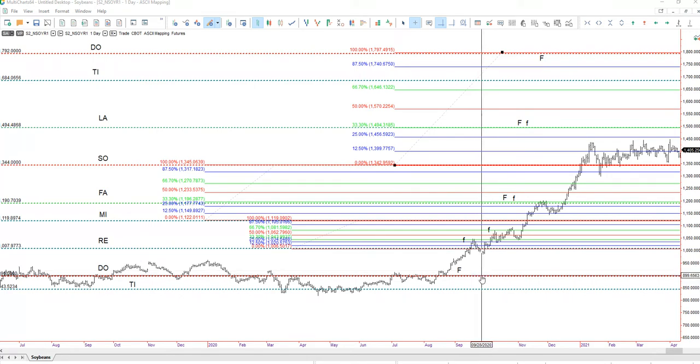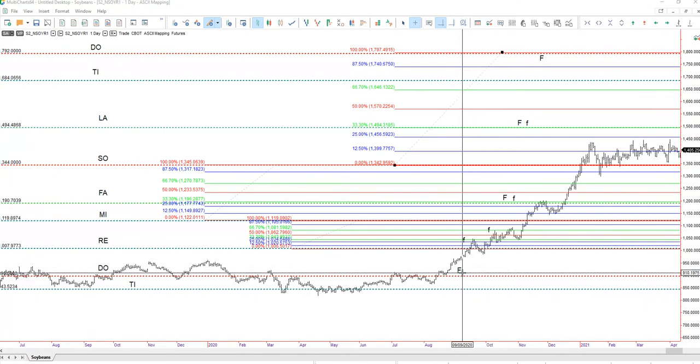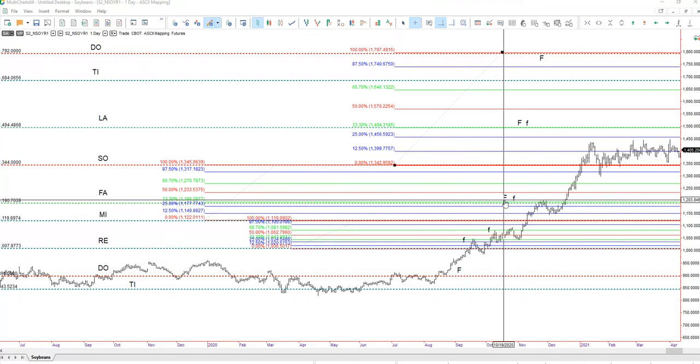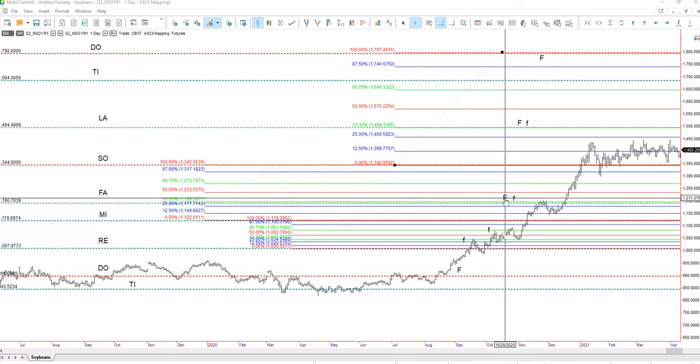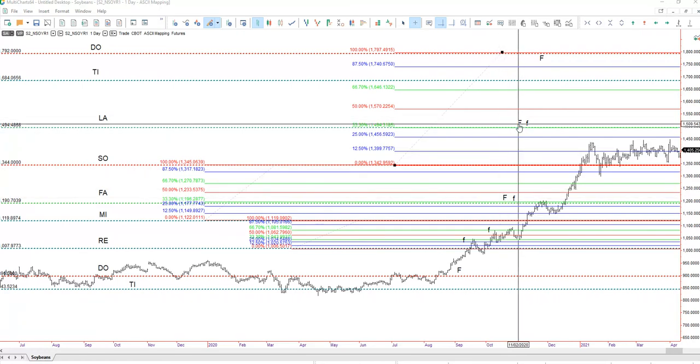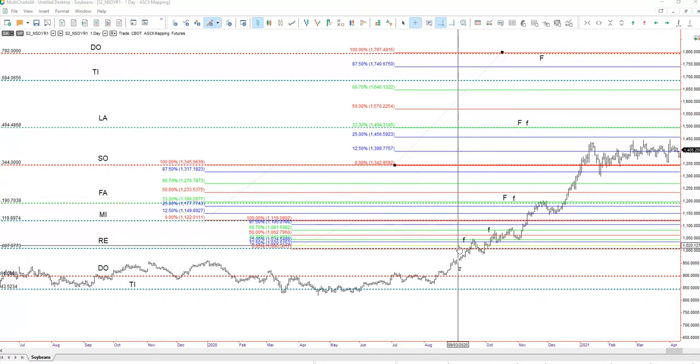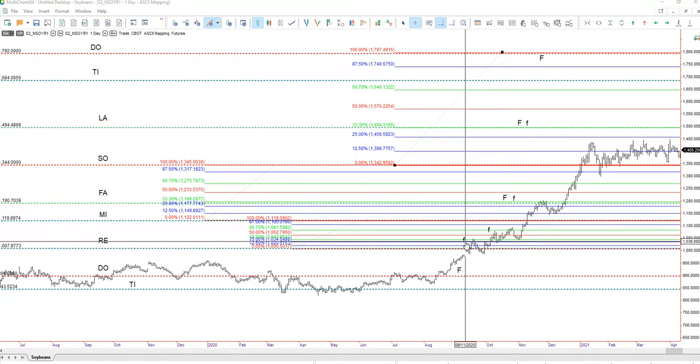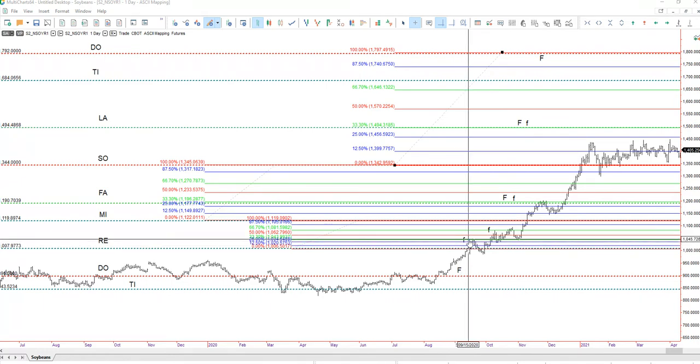So the main octave level forces I have marked with a capital F. So we have a force here at the do tone at 896. We have a major octave force at the fa level and a major octave force at the la level. Then inside the sub-octave, I've marked the minor forces here.